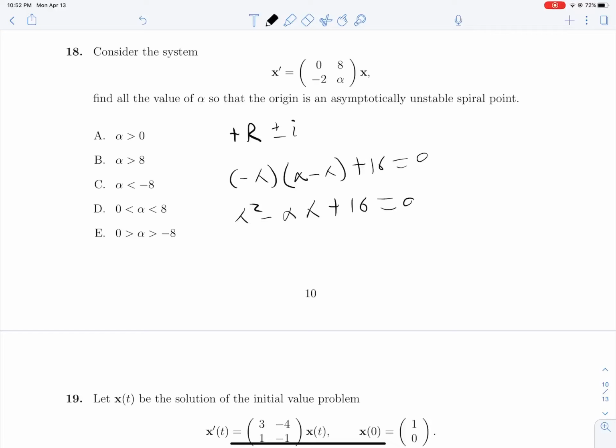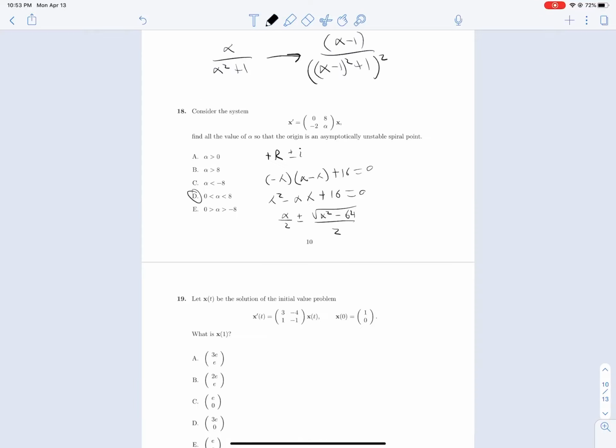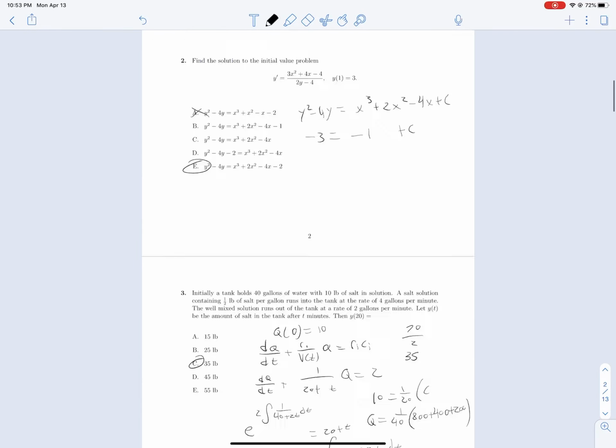Running this through our quadratic formula, we get negative b over 2, so alpha over 2 plus or minus the square root over 2 of b squared, so alpha squared minus 4ac, which is minus 64. We see that for all alphas greater than 0, we get our positive real part, and for all alphas less than 8, we end up with an imaginary part here. So alpha between 0 and 8, D is our answer.